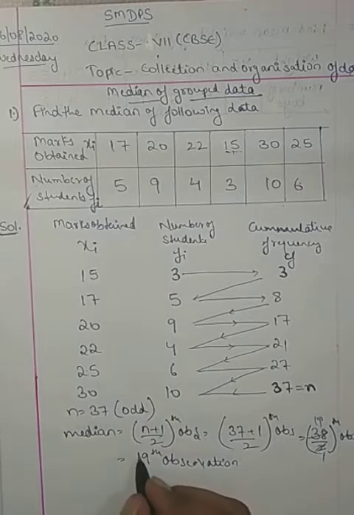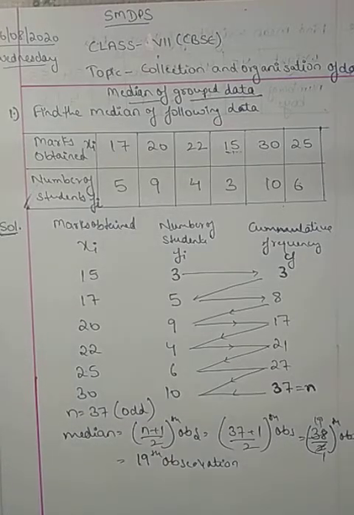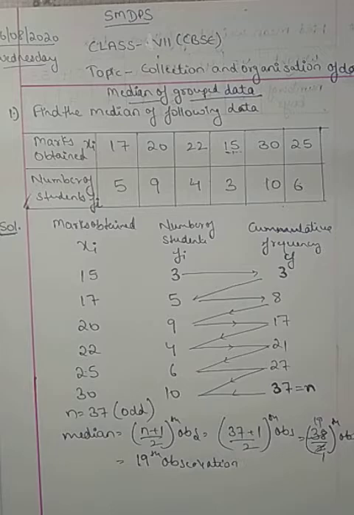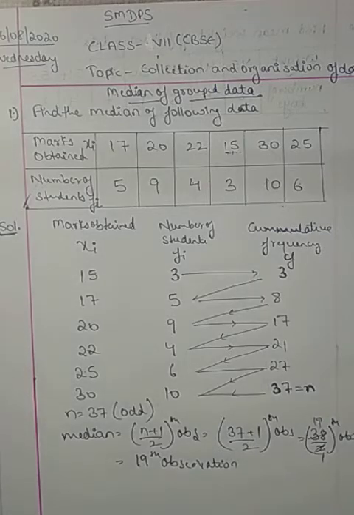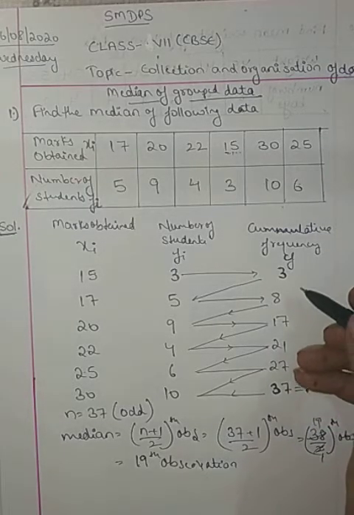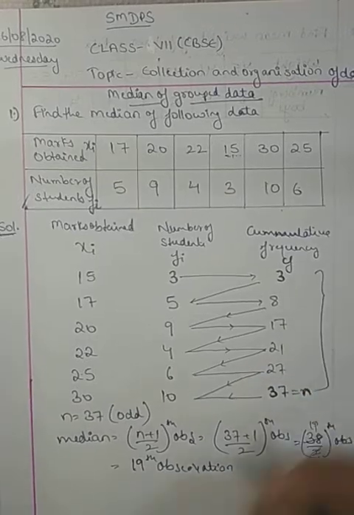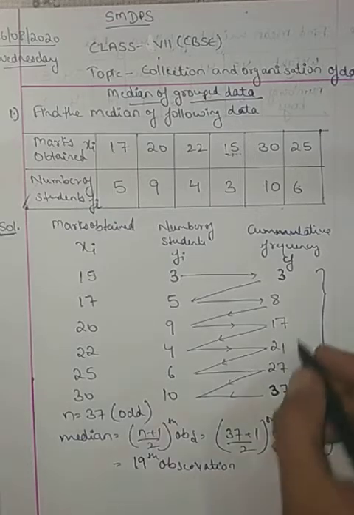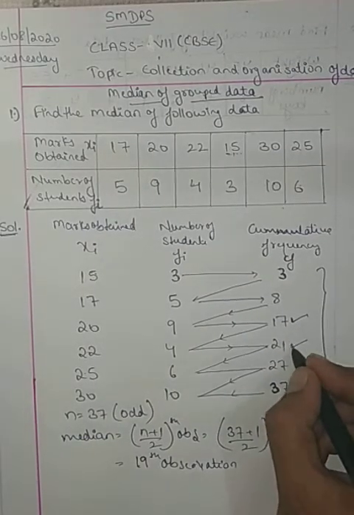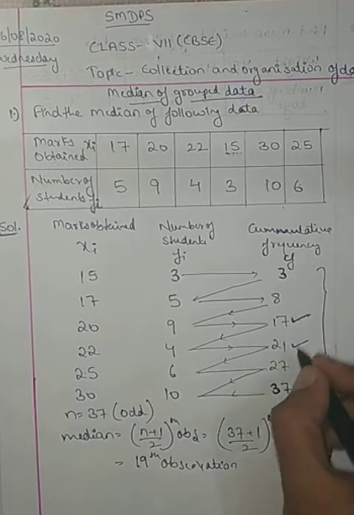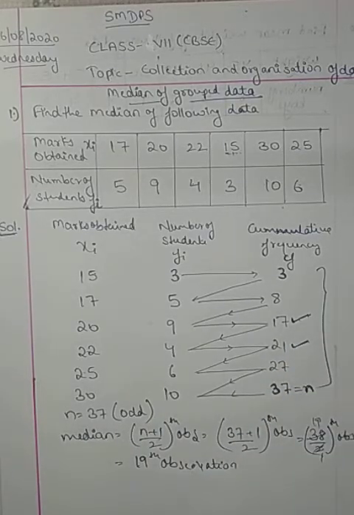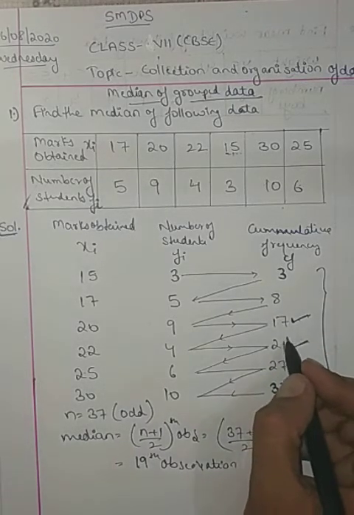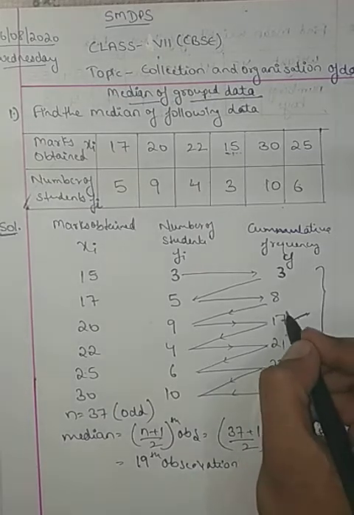Now we have to know what will be the 19th observation. Earlier we just counted the observations and got the 19th. Now we have to check the 19th observation from this cumulative frequency. First of all, identify that 19 will come between 17 and 21. Always remember, 17 and 21, this is the first, this is the second.